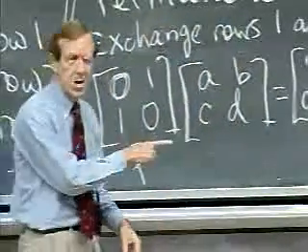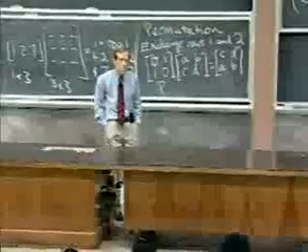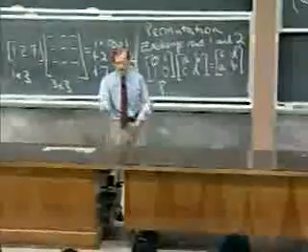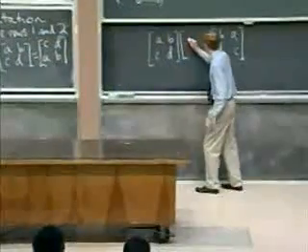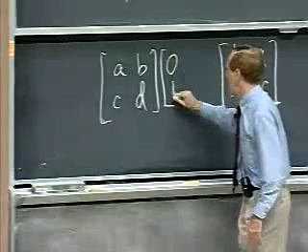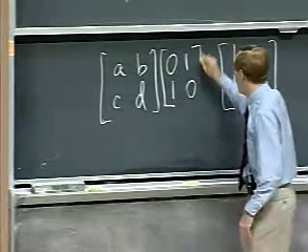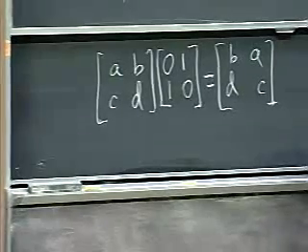So if I want to do a column operation, where do I put that permutation matrix? On the right. If I put it here, where I just barely left room for it, so I'll exchange the two columns of the identity, then it comes out right. Because now I'm multiplying a column at a time.